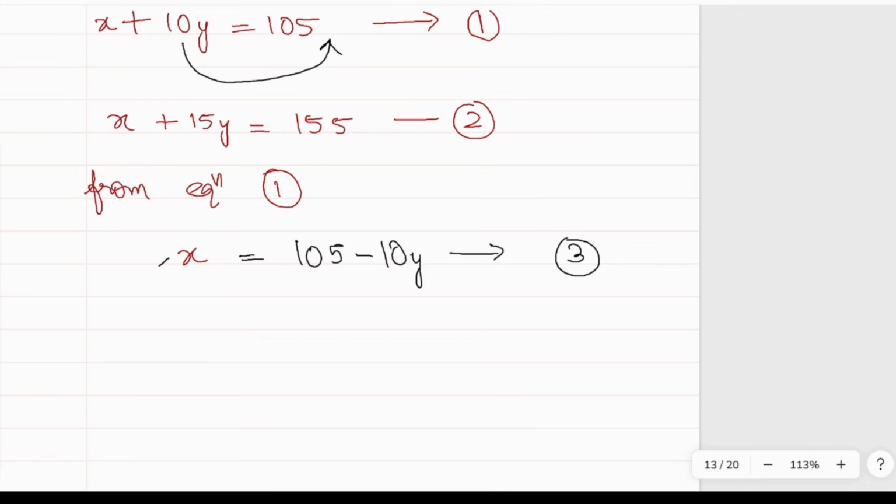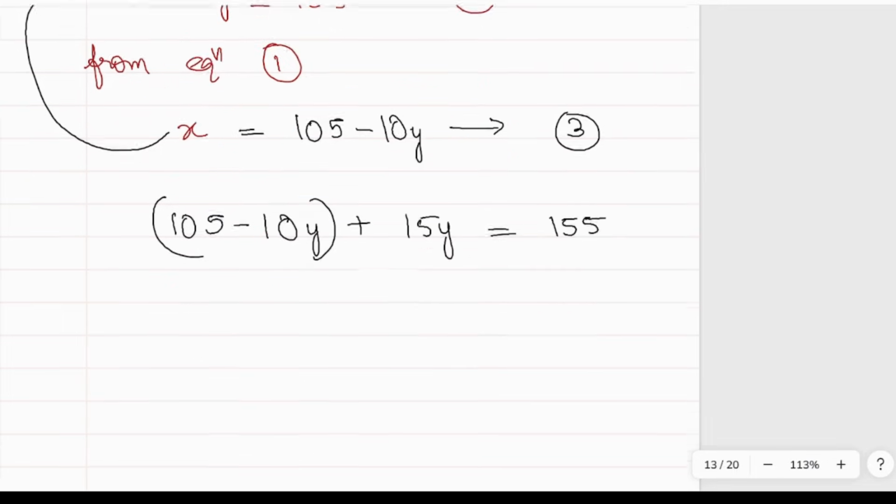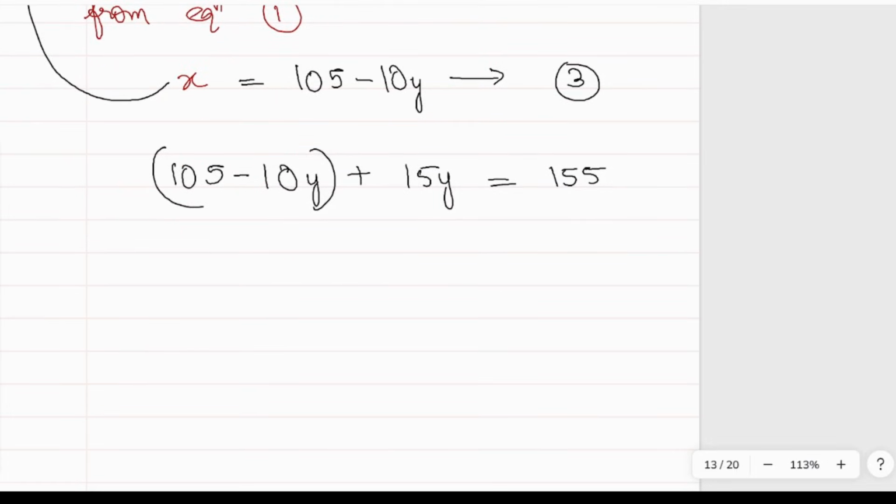Now I have to substitute this in equation 2, that is, 105 minus 10y plus 15y equal to 155. Clear? Now I need to open the bracket and solve, which is 105 minus 10y plus 15y equal to 155.